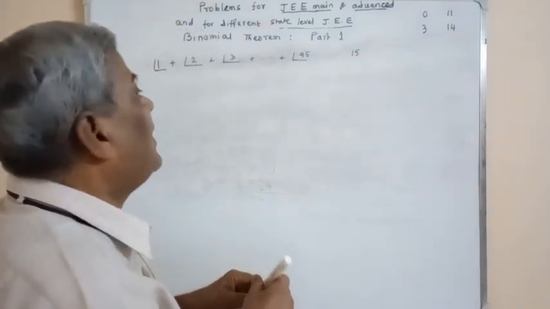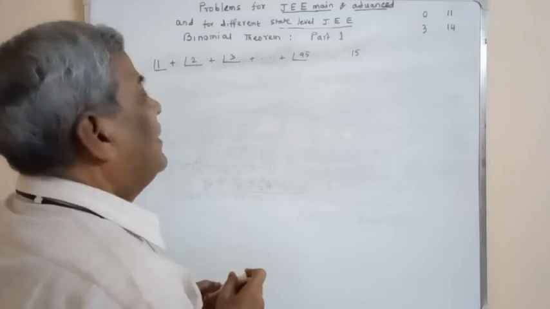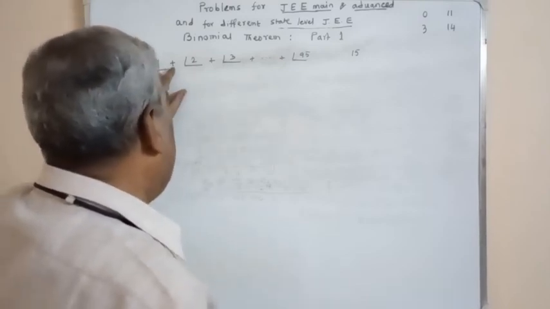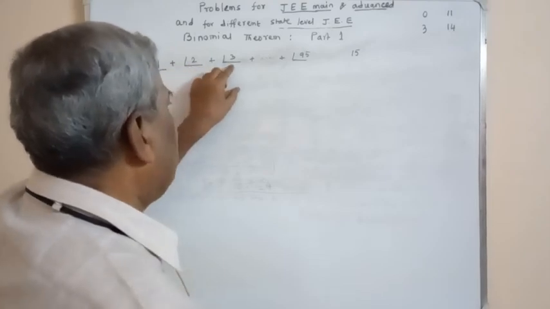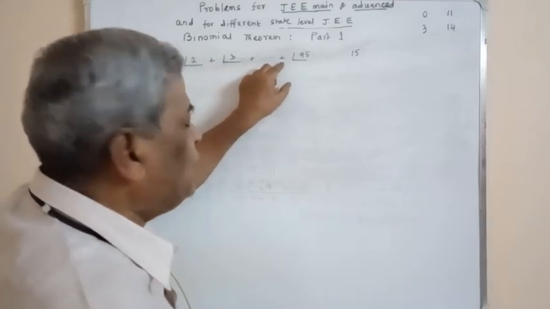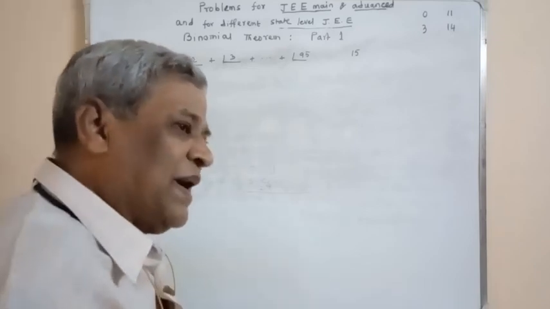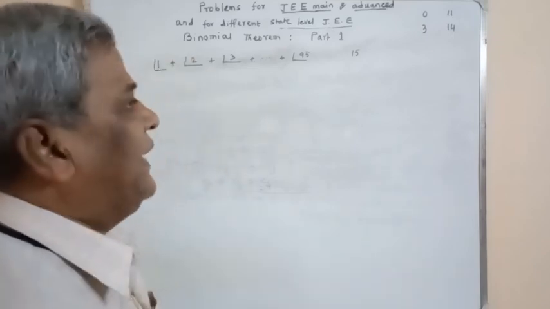Now the question is, one expression is given which is factorial 1 plus factorial 2 plus factorial 3 up to factorial 95, a big number. If it is divided by 15, what is the remainder?